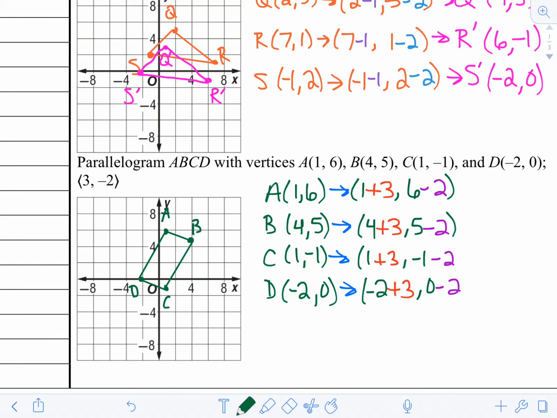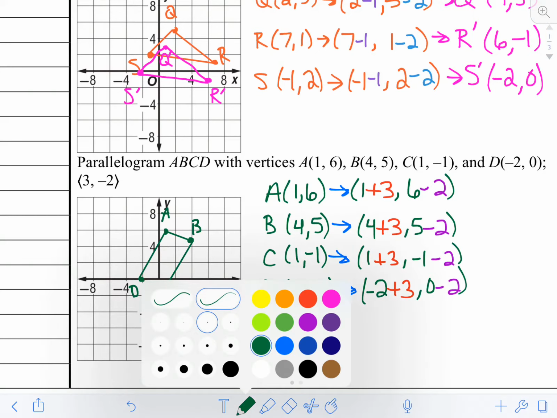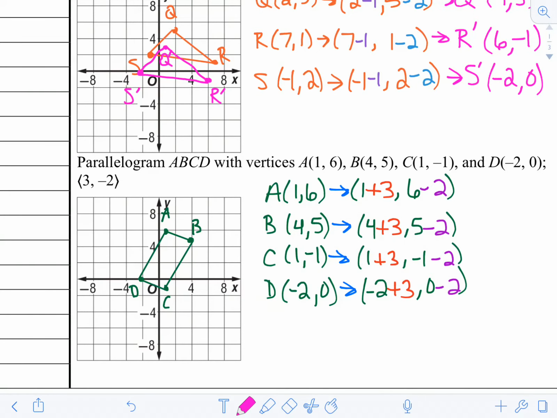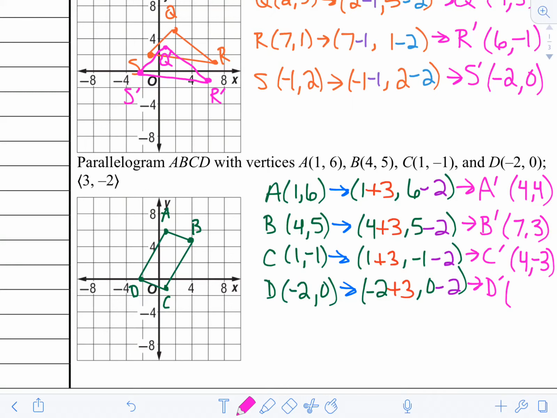Once we do this, we get our new ordered pairs: A prime is 4, 4. B prime is 7, 3. C prime is 4, -3. D prime is 1, -2.